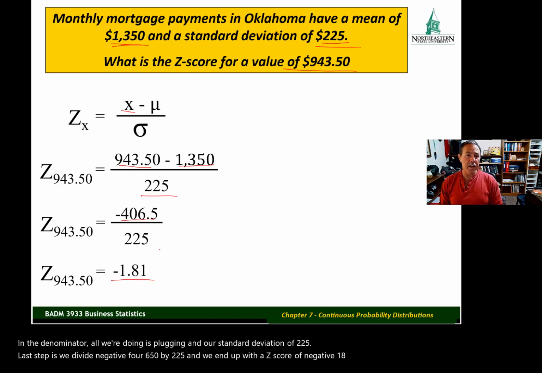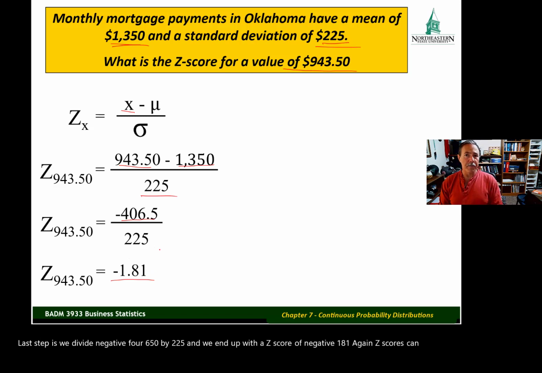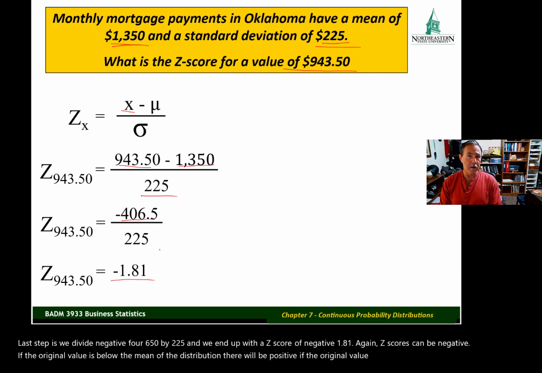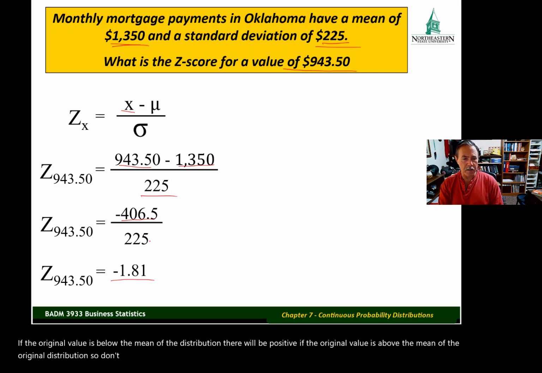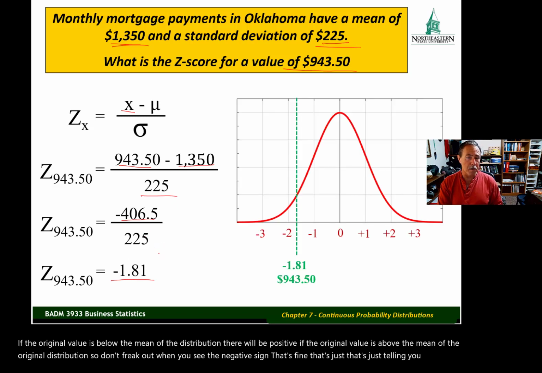Again, z-scores can be negative if the original value is below the mean of the distribution. They'll be positive if the original value is above the mean of the original distribution. So don't freak out when you see the negative sign. That's fine. That's just telling you that you're below the mean of the distribution.